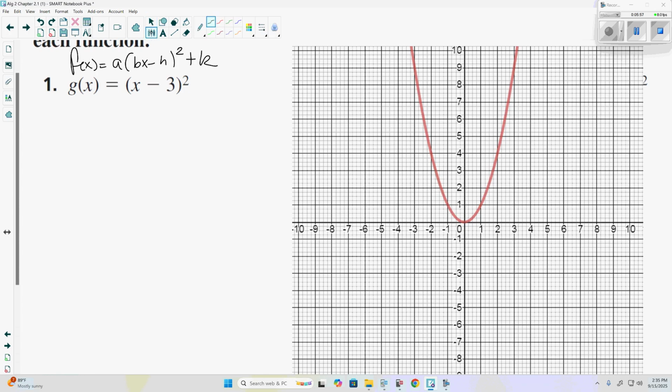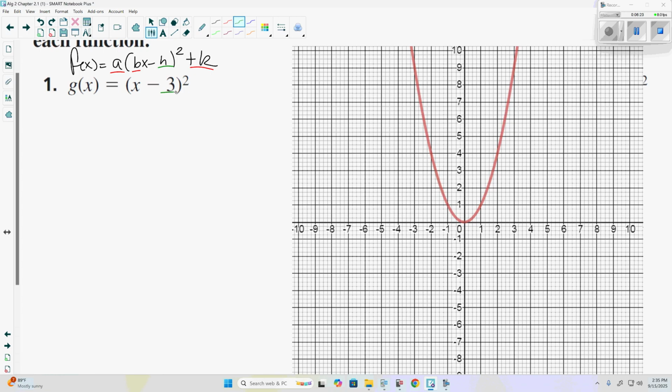General form. Looking at this here, for this next one, do we have a number in place of a? No. Do we have a number in place of k? No. Do we have a value for b? No, we don't have a number between x and the parenthesis, something taking b's spot.